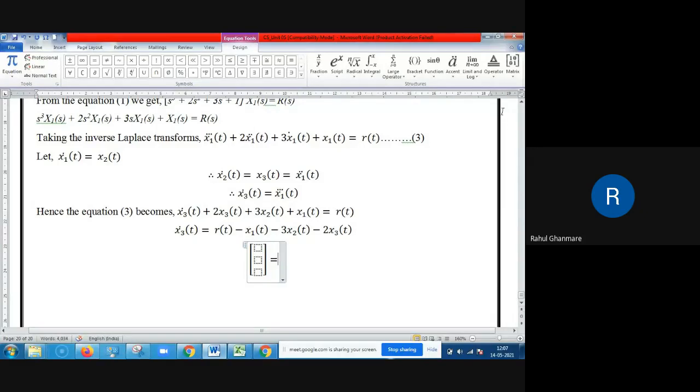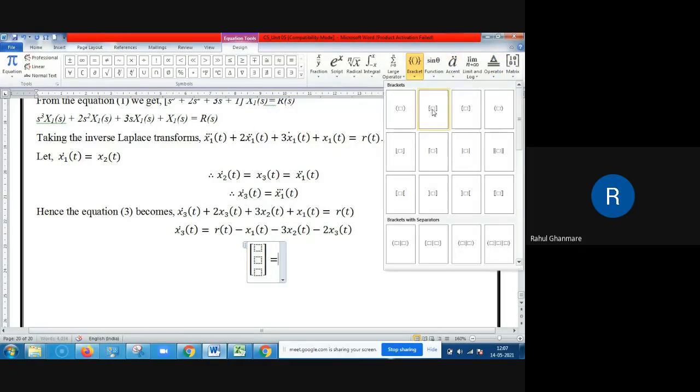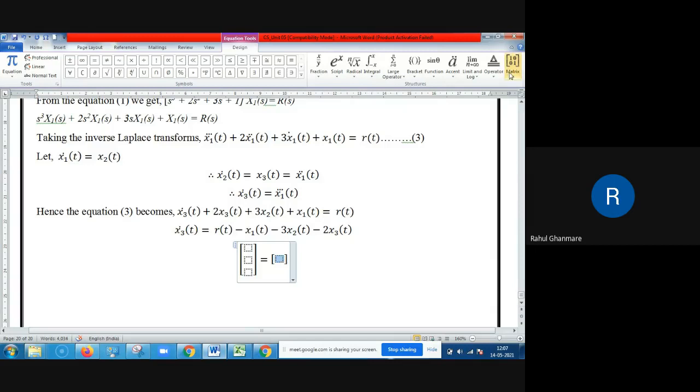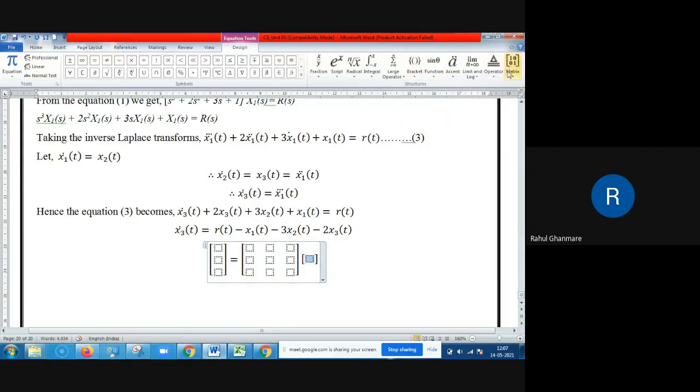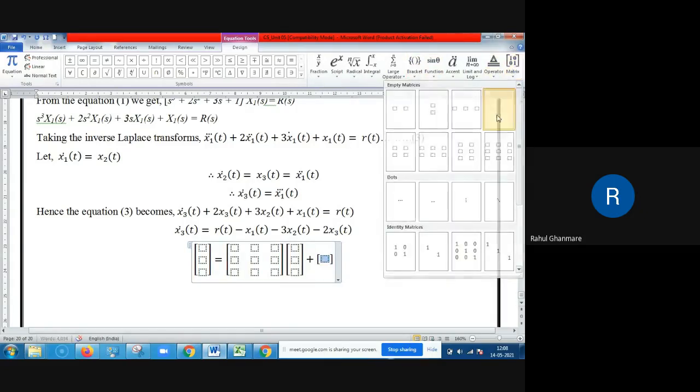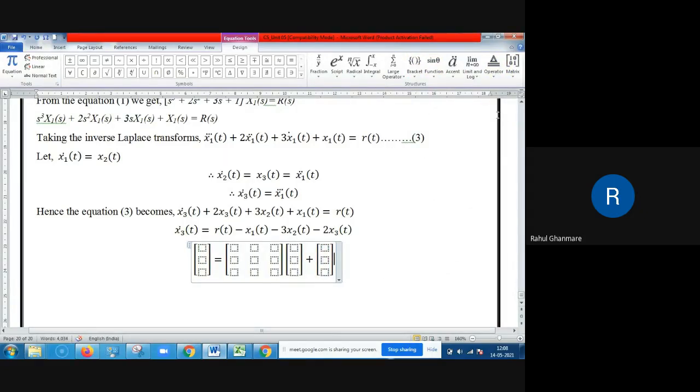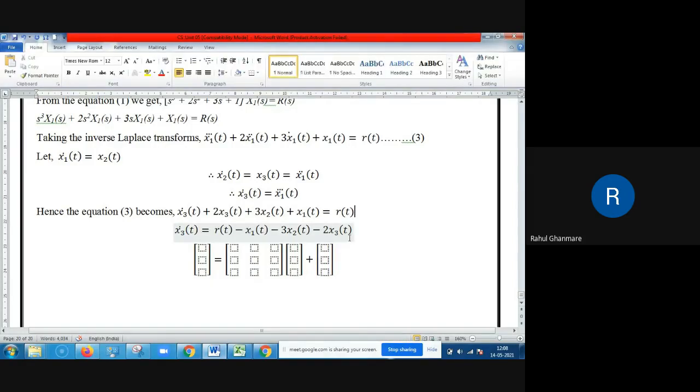So it's equals to... I need to arrange first so that we can get on this equation easily. Right. So here you can see this is your equation, right?